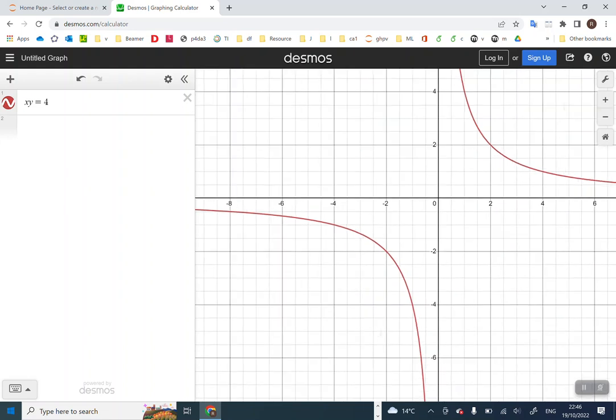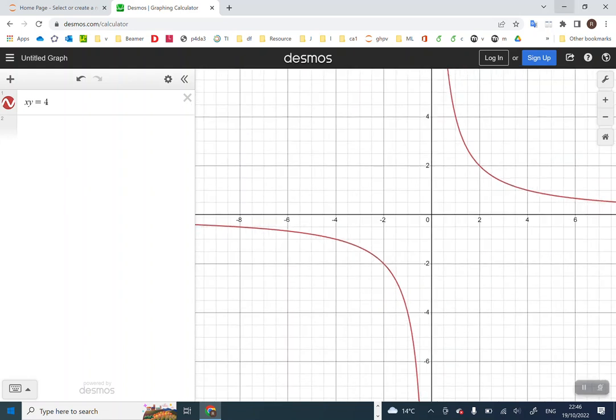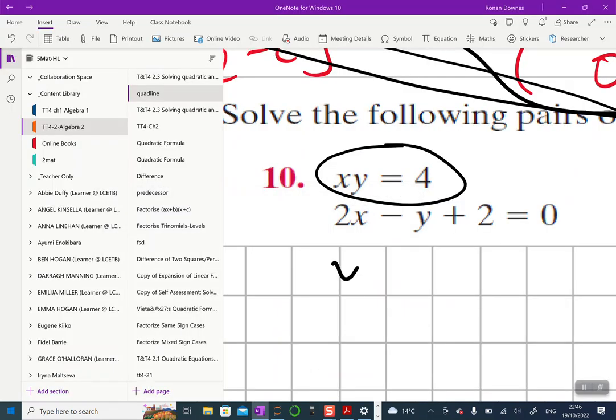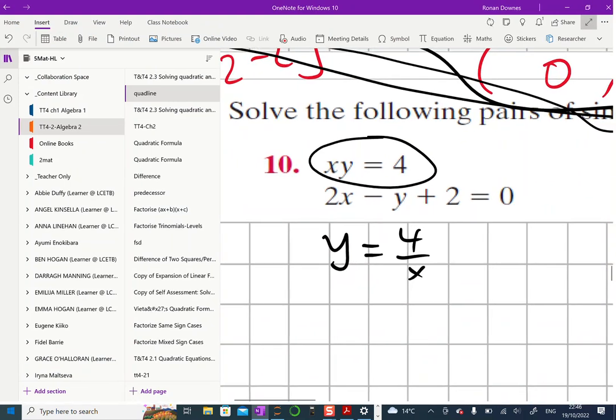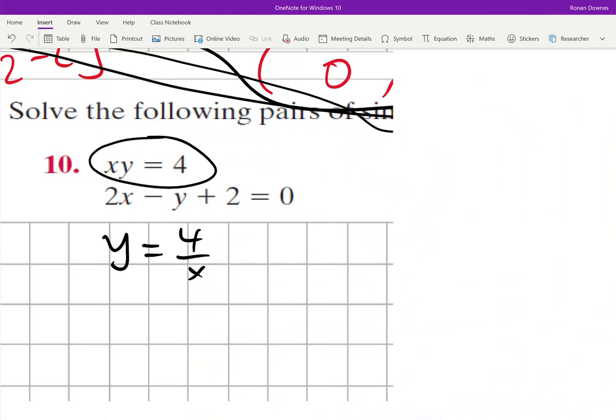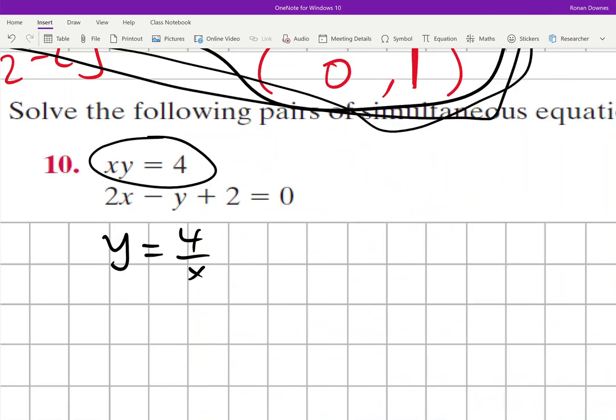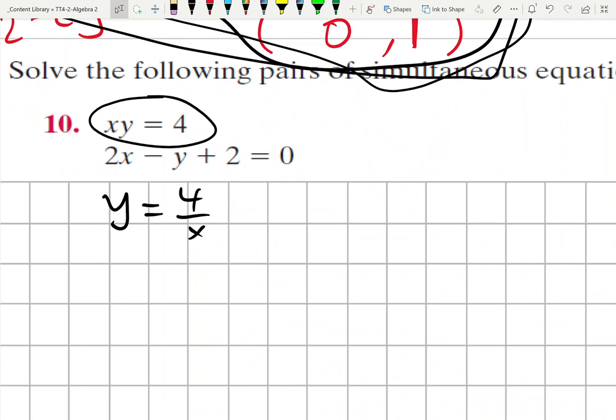And of course I should have known that. Let's take that back. It's y equals 4 over x. So that's called a hyperbola. Okay. But that's not the line. That's non-linear. This is the linear bit.